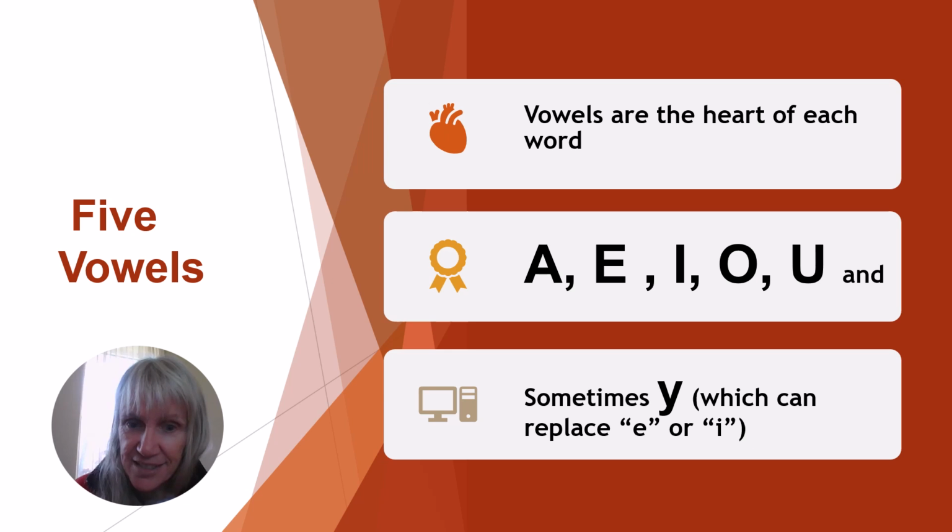And it says sometimes Y. Y is one of the 21 consonants, but it is the only consonant that can also be used to replace a vowel because it can make the sound of the E or the I in English.